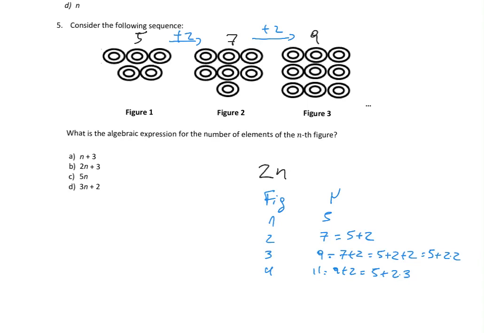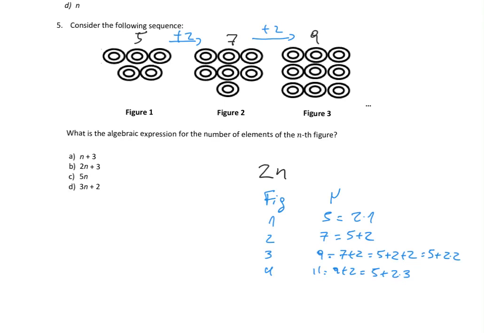But the first one isn't going to be just 2n or 2 times 1, because you see, this is going to be 2 times 1, but that doesn't work. Because 2 times 1 is just 2, and we've got 5.